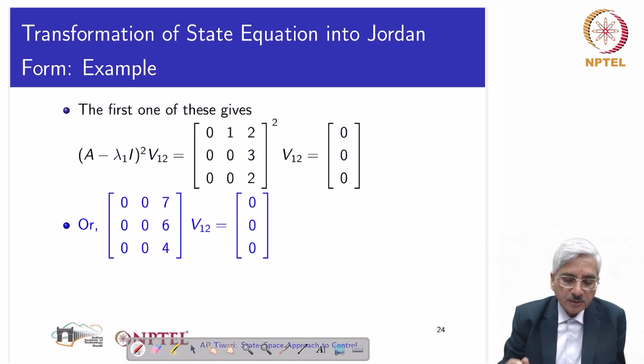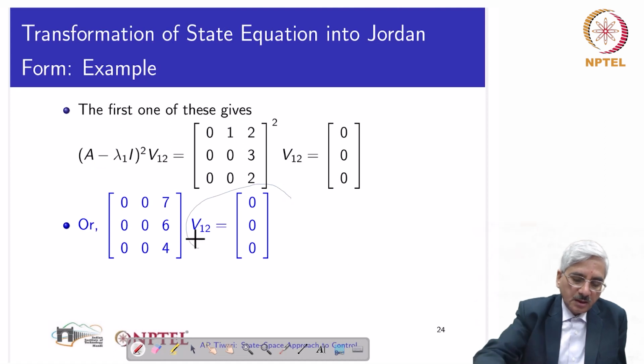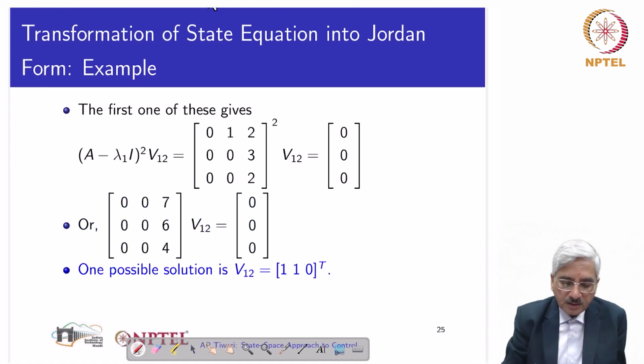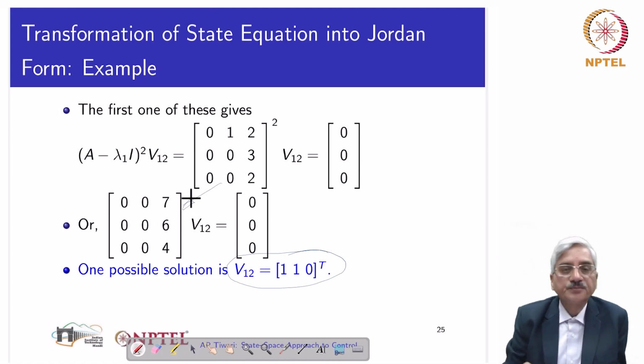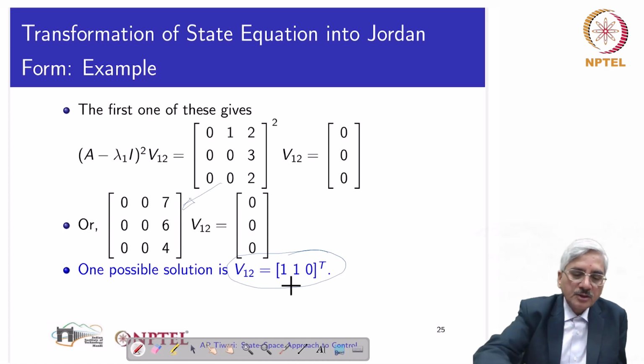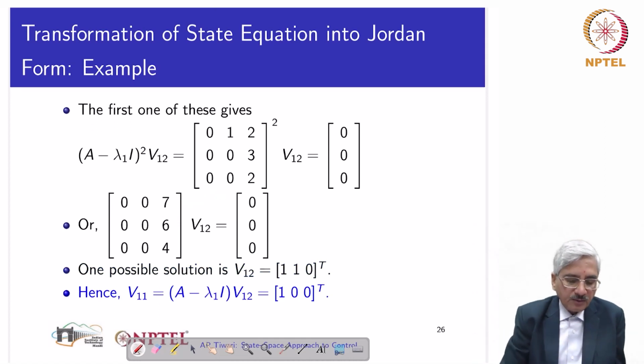And one possible solution for this one is V12 equal to column 110. This is A square evaluated. Now once we obtain V12, then we obtain V11 by pre-multiplying V12 by (A minus lambda 1 I), and we get 100 transpose, or column 100, as V11.